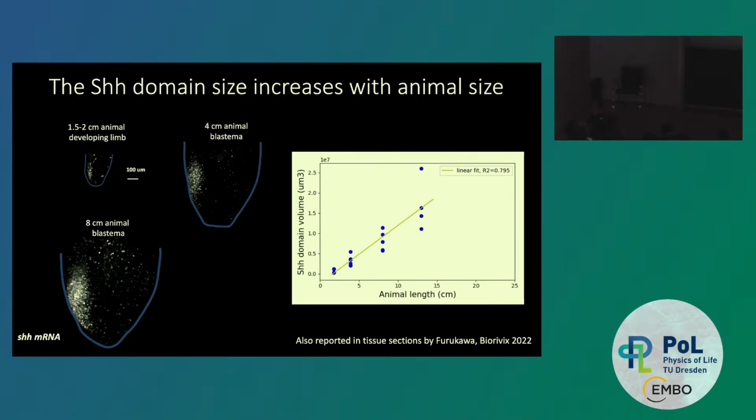So you can see here the data for looking at whether the source, the Sonic Hedgehog expression domain, is scaling, and you can see that there's scaling of the Sonic Hedgehog domain volume along with animal length, and he's taken this measurement out to beyond 10 centimeters.